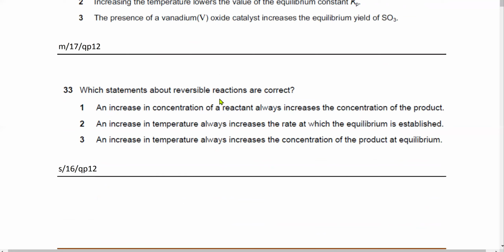Which statements about reversible reactions are correct? Increasing the concentration of a reactant always increases the concentration of the product.